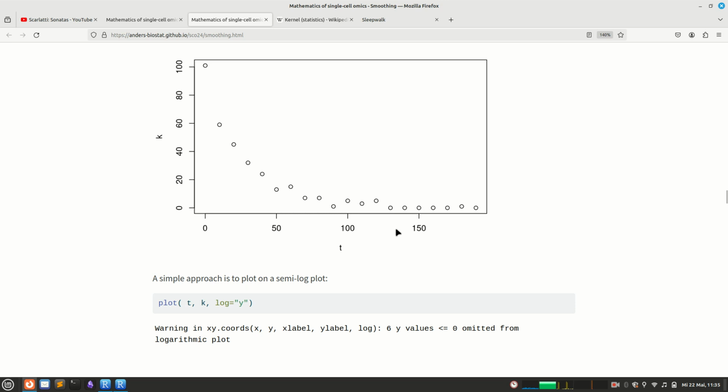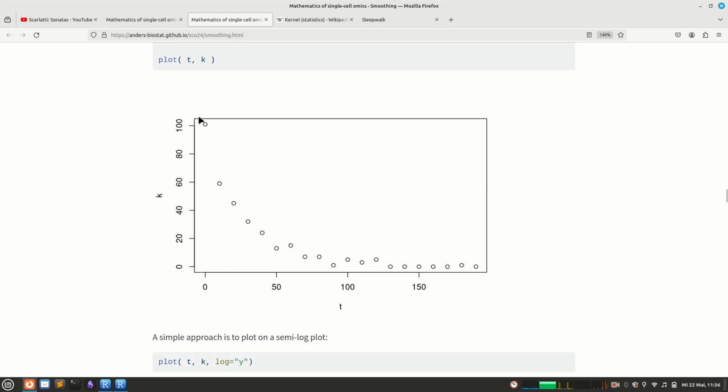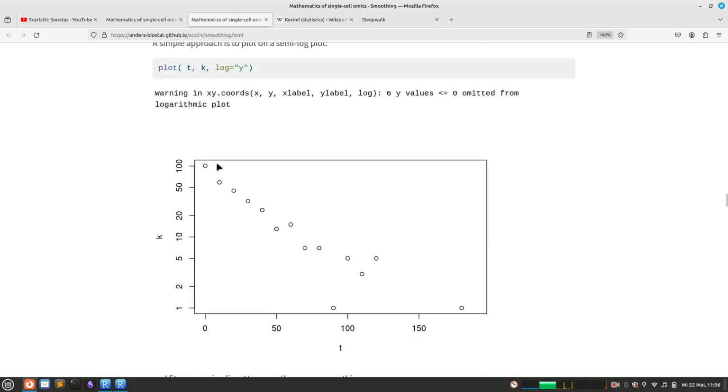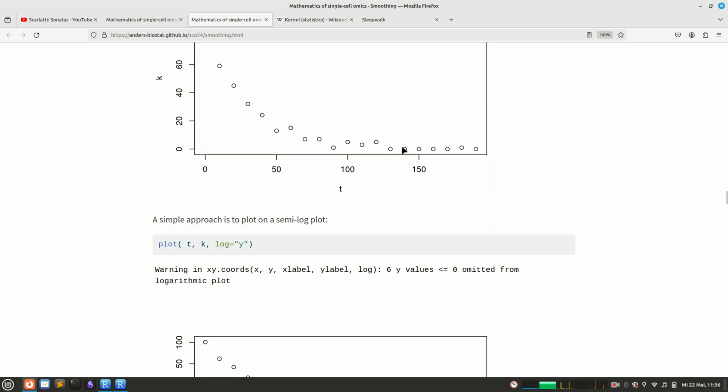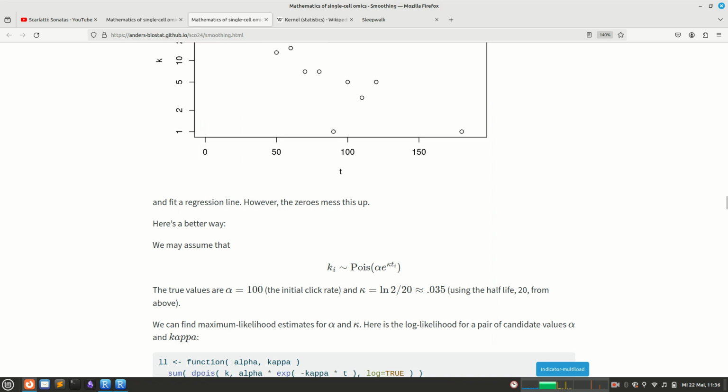Now I want to find out the half-life. The simple way that you do in the physics beginners practical is you make a semi-logarithmic plot. So you make this plot again, and this time logarithmize the y-axis, and then of course our exponential decay becomes a straight line. But because of our Poisson noise, we get a lot of wiggliness here. And there are a couple of cases where we got only 0 clicks and they drop out from our logarithmic plot, which is annoying.